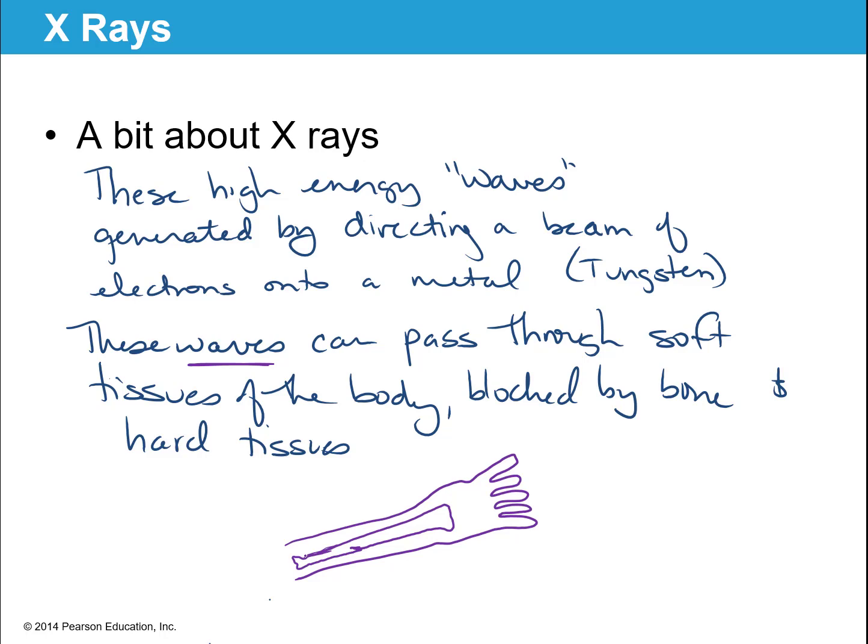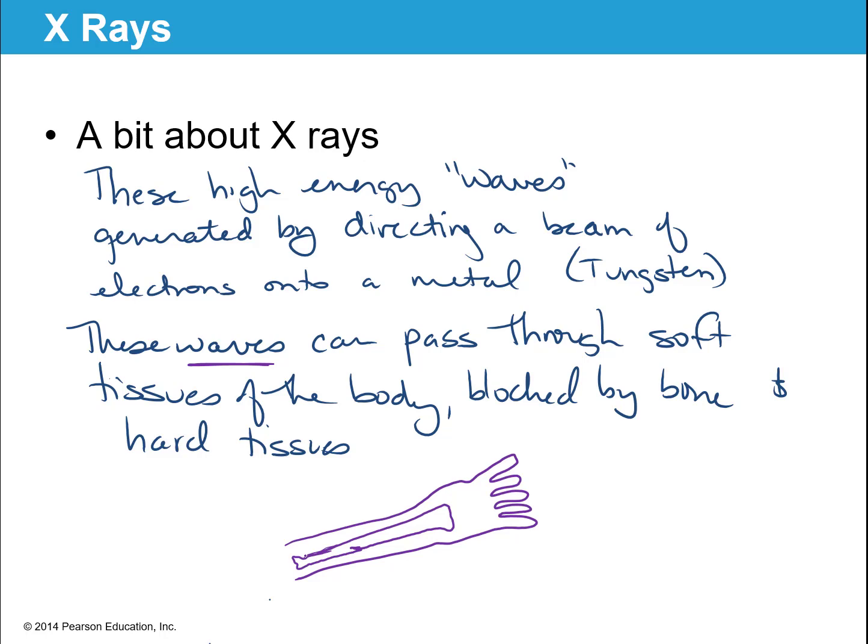Muscle, skin, subcutaneous tissue, arteries, vessels, those are soft. And so the waves pass straight through soft tissues, but they get blocked by bone and hard tissues. So that is how you do an X-ray.